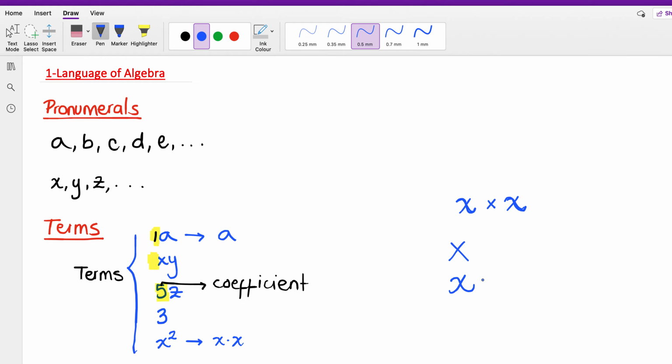It can be very confusing if you have the multiplication sign with an x. So now that you're in high school, I recommend that instead of using the x for multiplication, you use a dot. And that's also algebraic notation, mathematical notation. You will see later on that in a lot of places they use this dot to symbolize multiplication, okay? So that's another example of a term. Wonderful, girls.